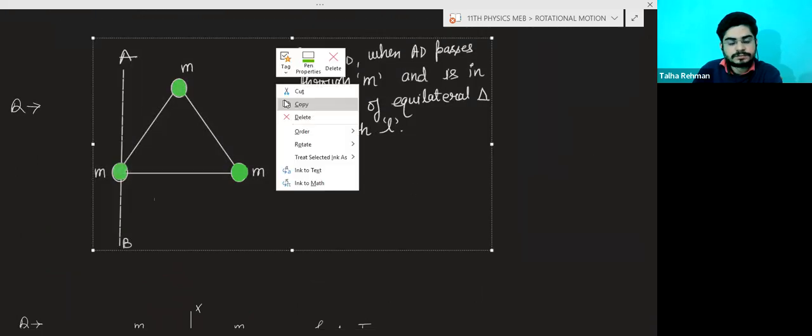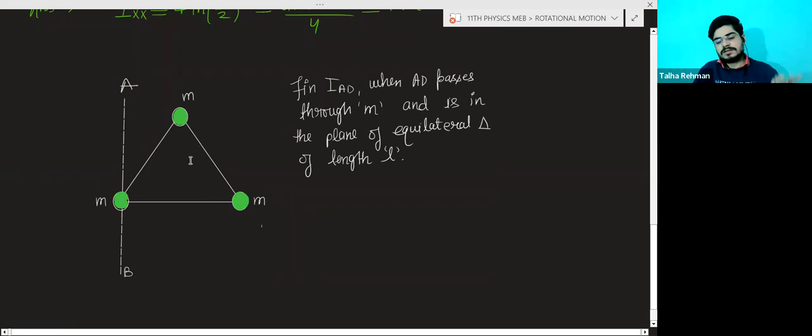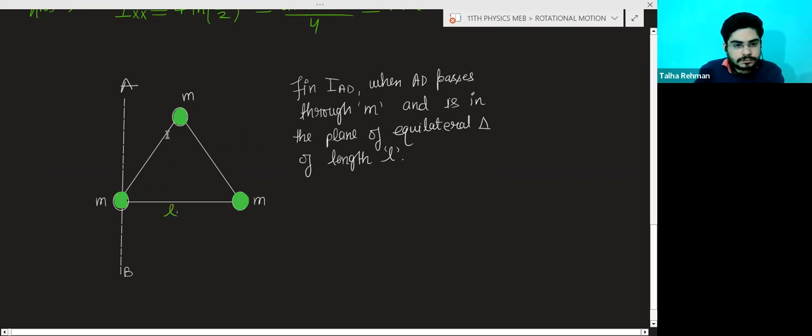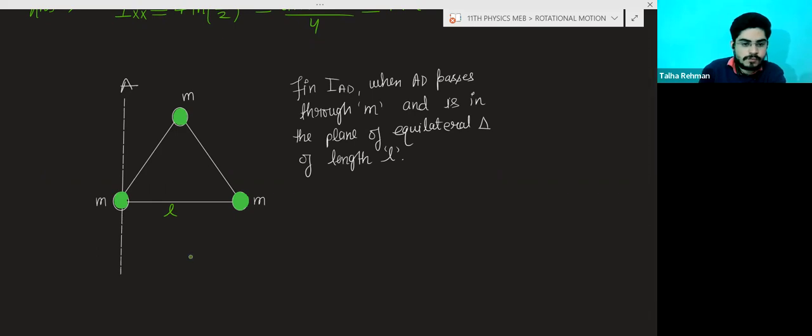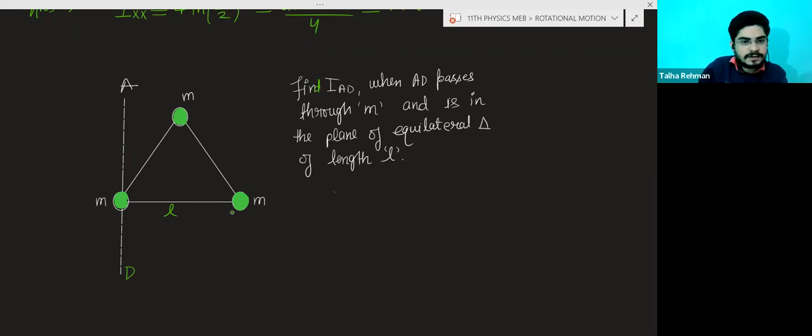Okay, second question. These are point masses, placed at the vertices of an equilateral triangle of side length L. This is the axis AD, and we have to find the moment of inertia of all these masses placed at the vertices.